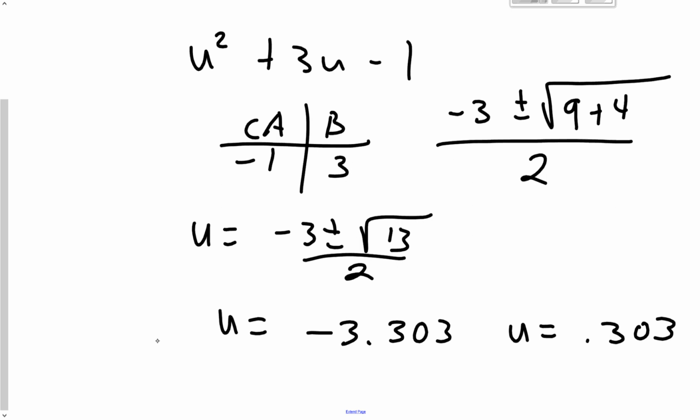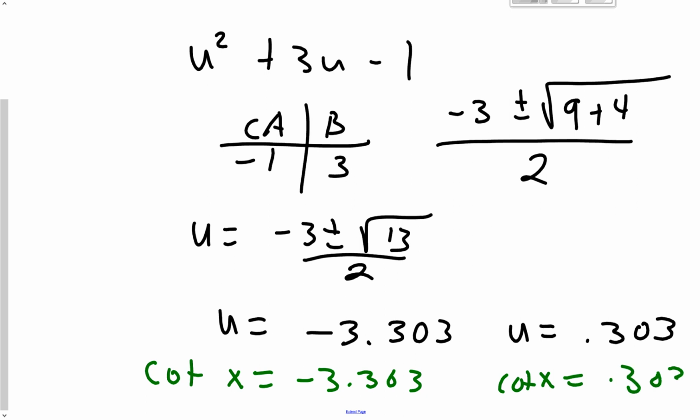Okay, so then we can substitute in cotangent, because that's what it was, right? So cotangent of x is equal to negative 3.303, and cotangent of x is equal to 0.303.